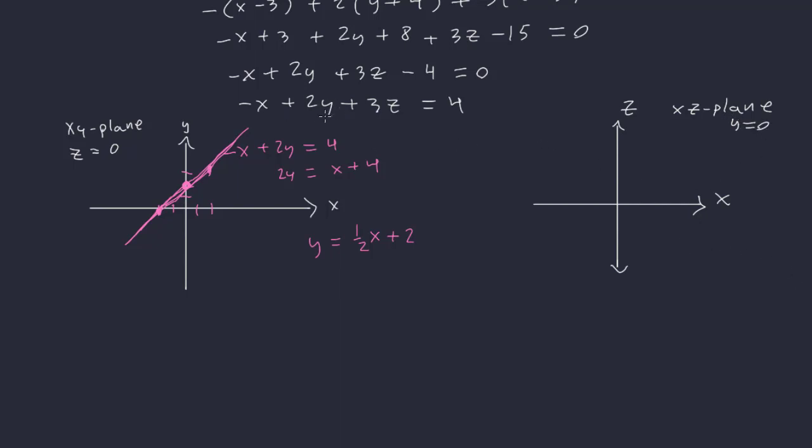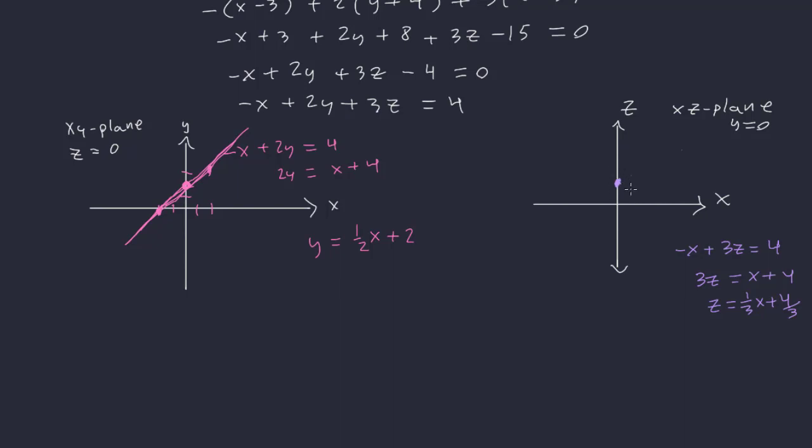We'll use purple for this one. So when y disappears, we'll have negative x plus 3z is equal to 4. So we'll have 3z is equal to x plus 4, so z is equal to 1/3 x plus 4/3.